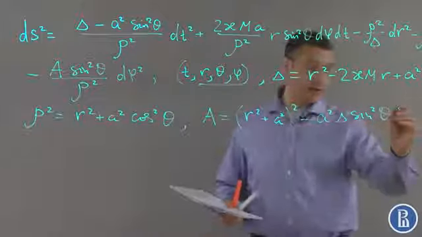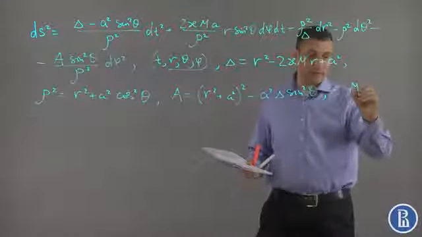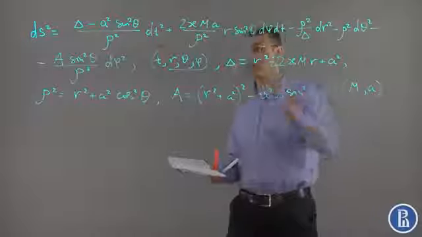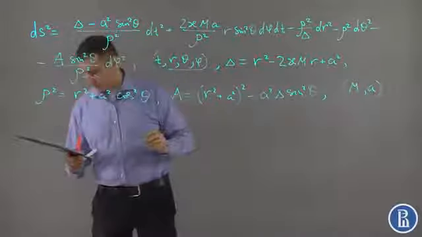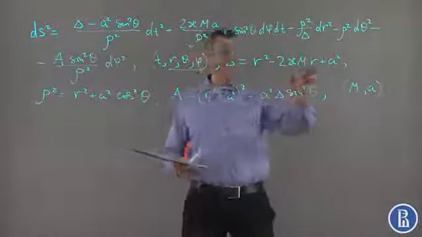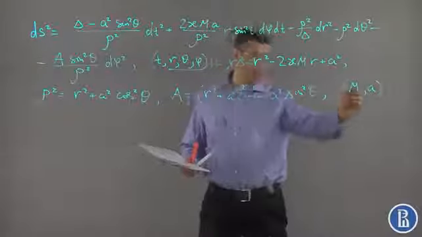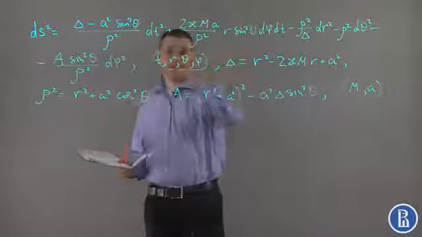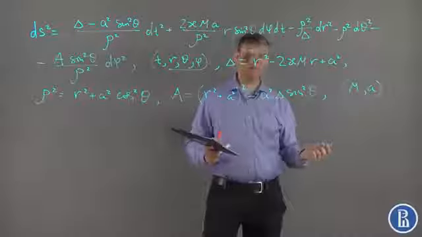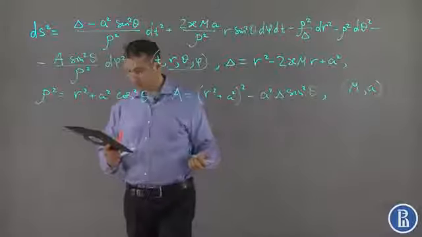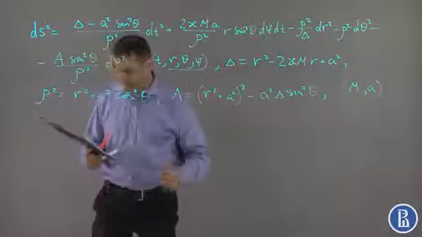So one can see here that there are two parameters, m and a, on which the black hole depends. If we put a to 0, this black hole metric reduces to the Schwarzschild one, as one can see. It's not hard to see.